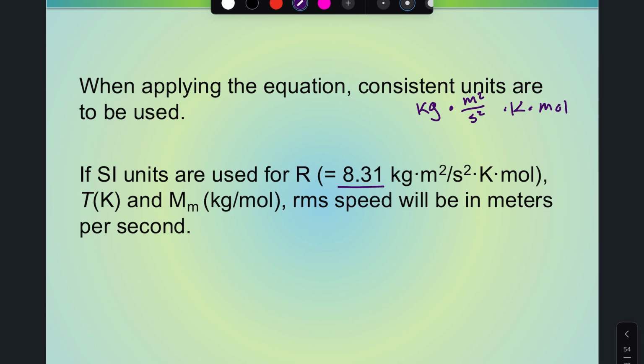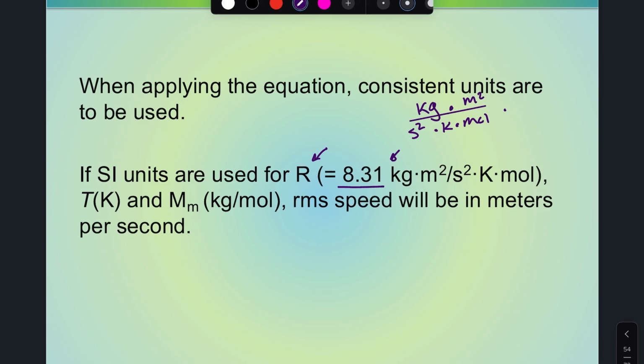And so this is just another way for us to use R, but it does have the value that we used before. So all of the things should cancel out, but these are going to be the units that we need. I believe actually this is going to be kilogram meters squared per second squared times Kelvin times moles. And so that should be the units.